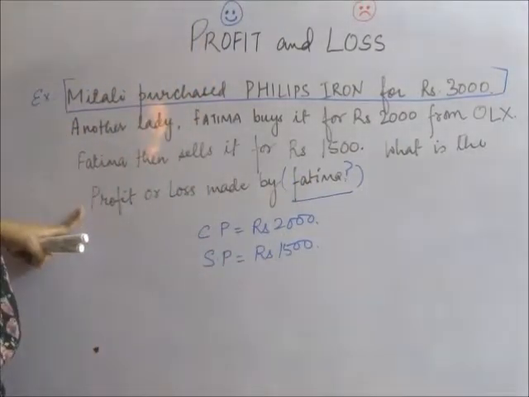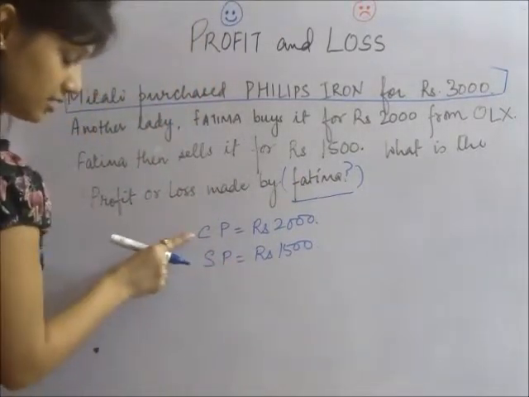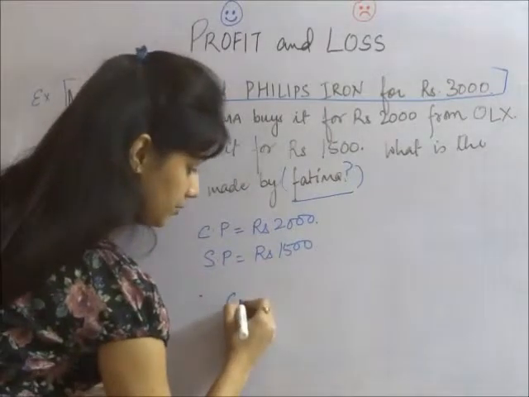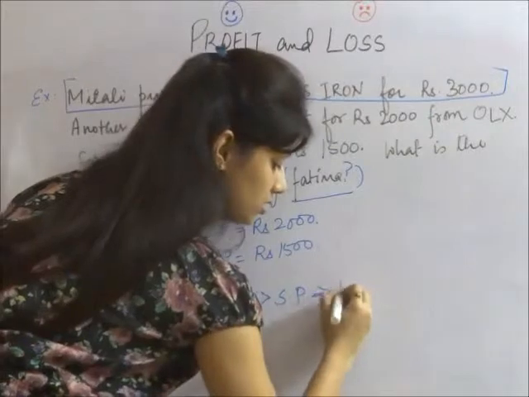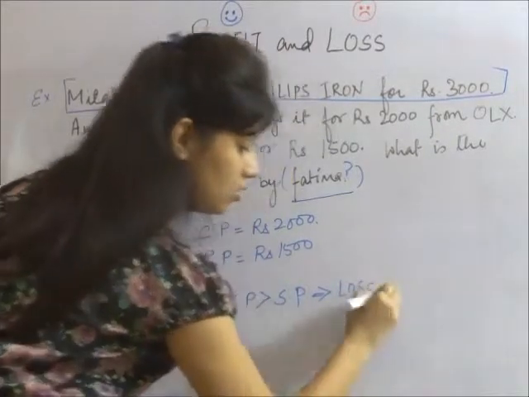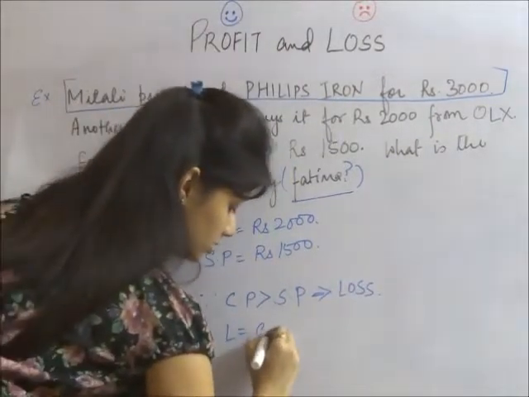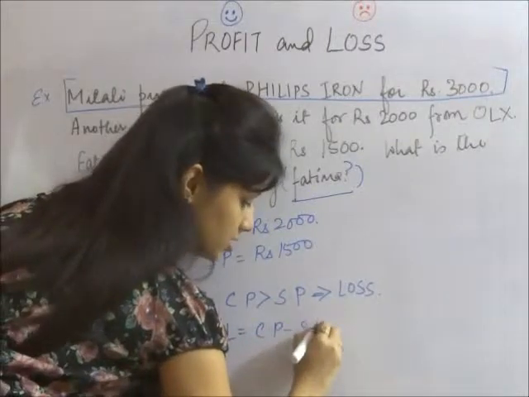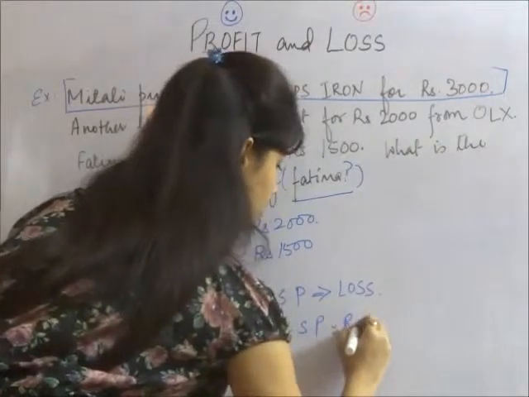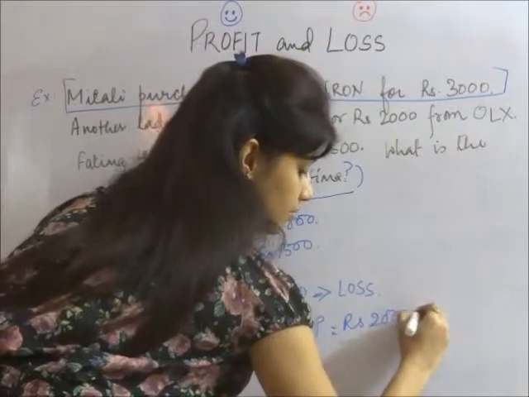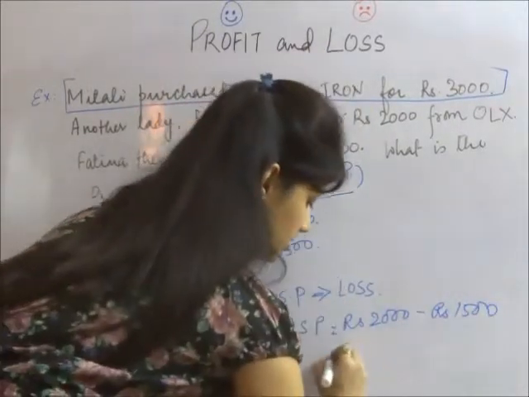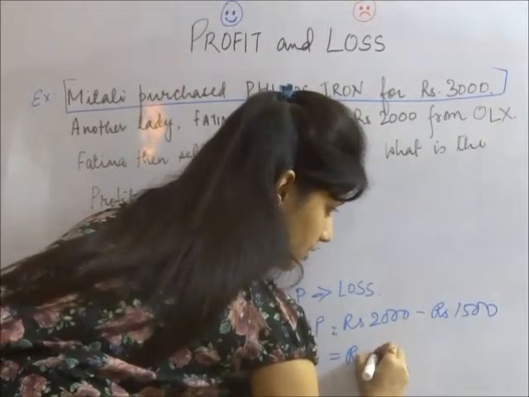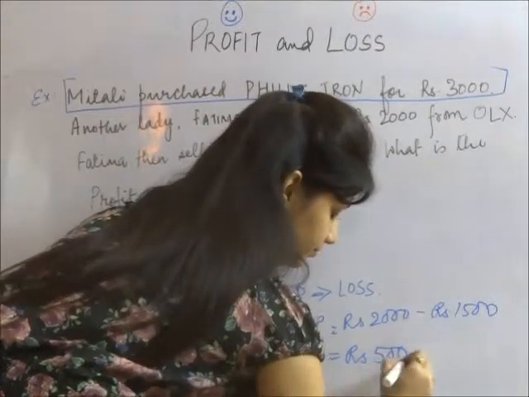What is the profit or loss made by her? Since CP is greater than SP, Fatima booked a loss. She made a loss. And the formula to calculate loss is CP minus SP, which comes out to be rupees 2,000 minus rupees 1,500, which comes out to be rupees 500.